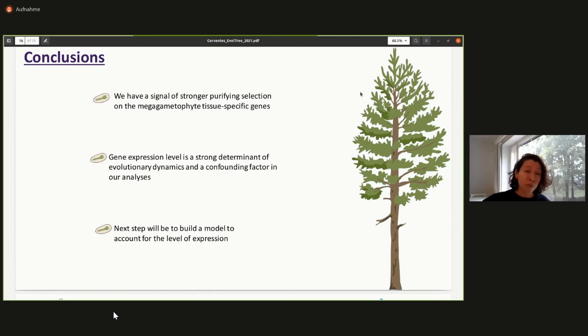If you remember, megagametophyte is the tissue that has the lowest level of expression, and expression level is a strong determinant of evolutionary dynamics. So our data is confounded. What is left for us to do now is to build a model where we could dissect the effect of the haploid selection from the effect of the expression level. So that's the next step.